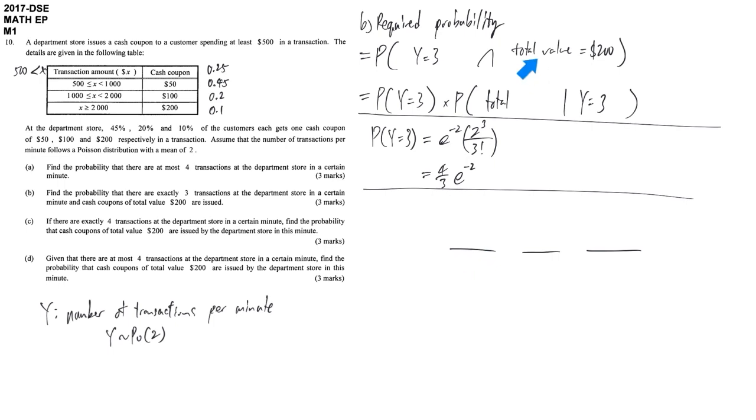In order to get the total value of 200 cash coupon, maybe the first one gets $200 cash coupon, then another 2 need to get 0 cash coupon. This is the first type. But there is some possibility that maybe the first one gets 0, second gets 200, and the third one gets 0. Those are also regarded as the first type.